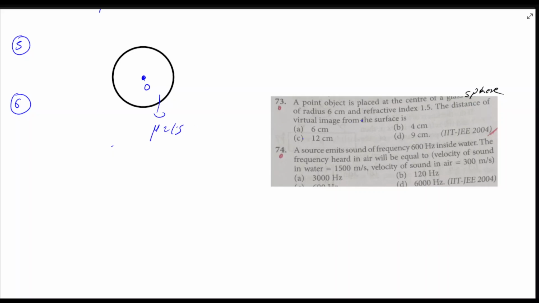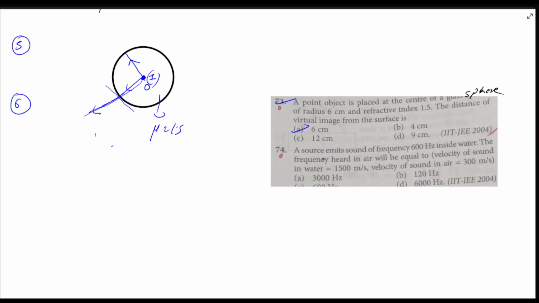We have to find the distance of the virtual image from the sphere. We don't have to actually solve it. Any ray falling on the surface will be normal to the surface, so they will move like this, and hence the image will be here only. So 6 centimeter will be the answer. The distance of the virtual image from the surface will be 6. There is nothing to do in this question.